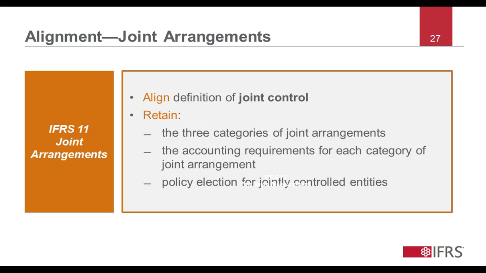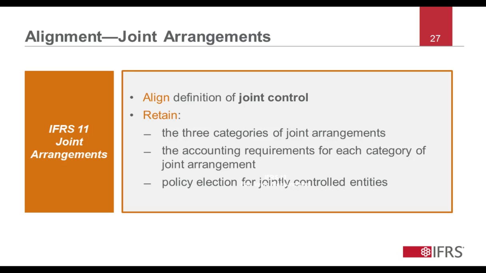So the board felt what it could do as a first step would be to update the definition of joint control, but then retain the three categories of joint arrangements that are currently in the IFRS for SMEs, so jointly controlled assets, jointly controlled entities, and jointly controlled operations. And the board is seeking views on that.